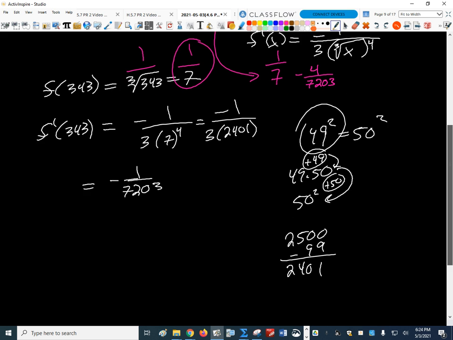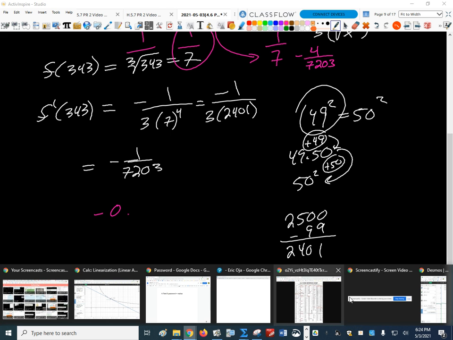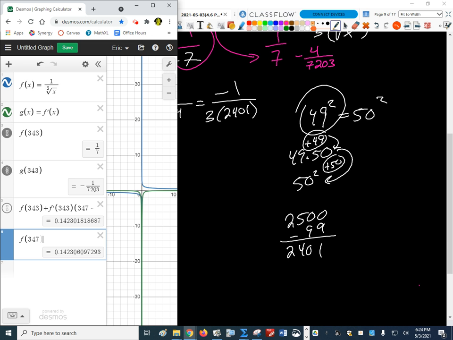The correct answer would have been whatever we got on our calculator. It was positive, not negative, 0.1423.